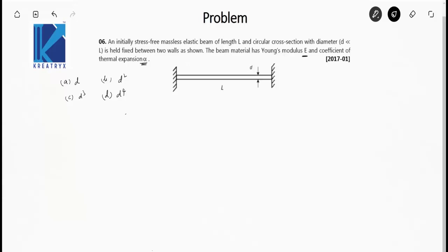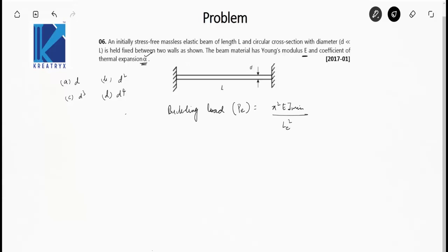We have been given Young's modulus E and coefficient of thermal expansion alpha, and we know that at the condition of buckling, the buckling load is equal to pi square E I minimum by L effective square.